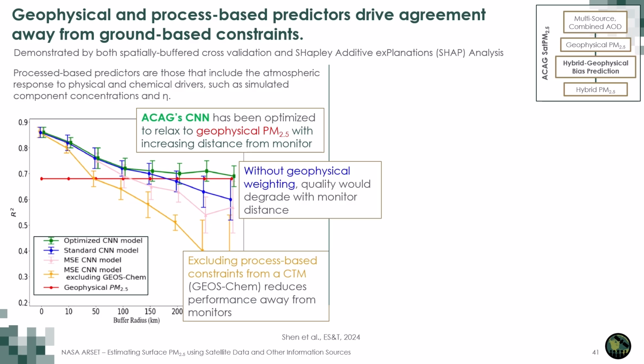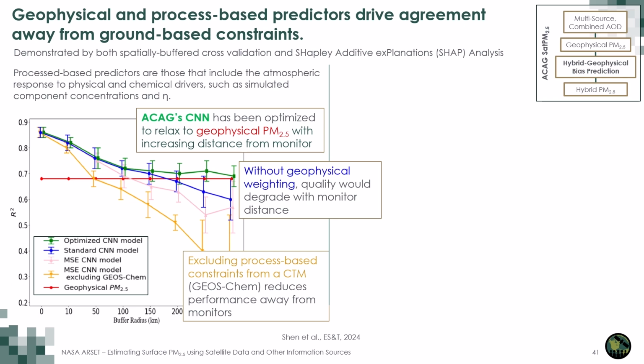If a buffer were included, however, models that excluded information from a CTM, that is, did not include a physically and chemically meaningful process-based understanding of the atmosphere, fell below the quality of a purely geophysical approach within about 50 kilometers.